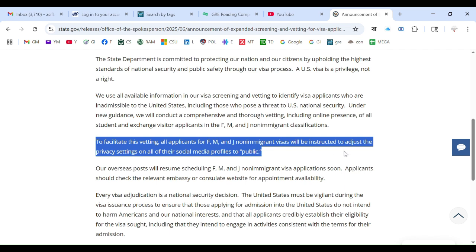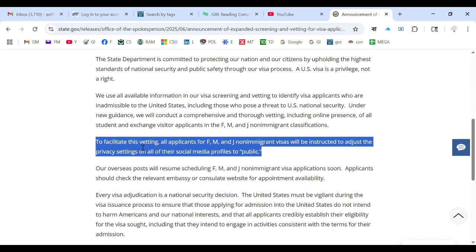When you will be facing the visa interview in the consular office of your country, for example if you are from India or China or whatever country, you are going to face a visa interview, right? Before you appear, when you apply, you fill out the form, and when you fill out the form you have become an official applicant in the F, M and J categories, if you belong to any of the three.